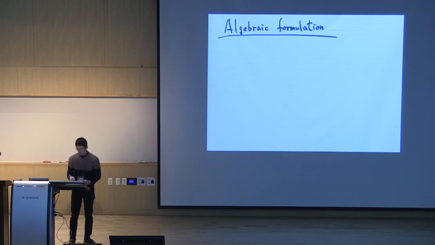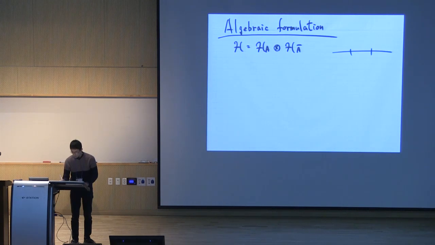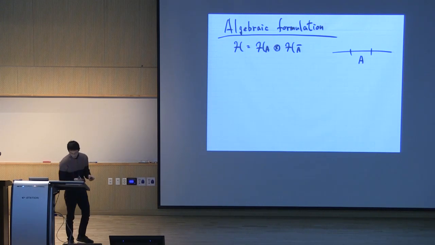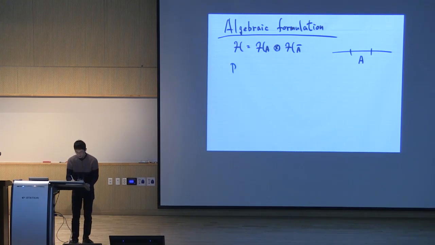Given a tensor product decomposition, when we define a reduced density matrix for some subsystem A, for a moment I assume that the tensor product decomposition also holds in quantum field theory, although it's not true in general. But anyway, let's just consider this case. And we define the reduced density matrix.